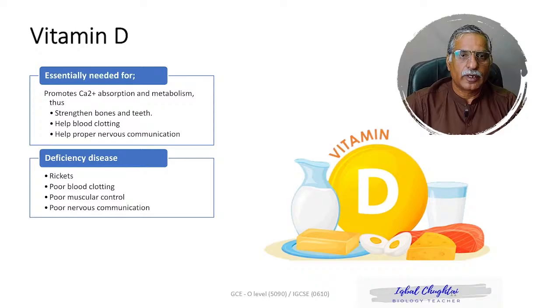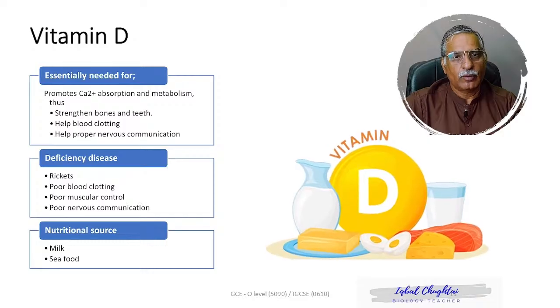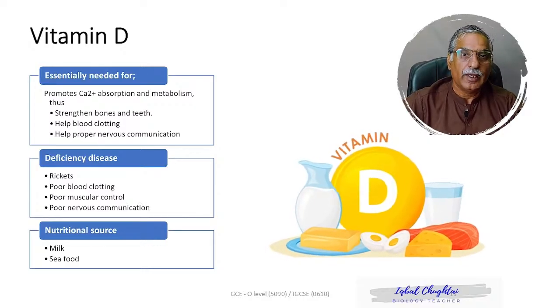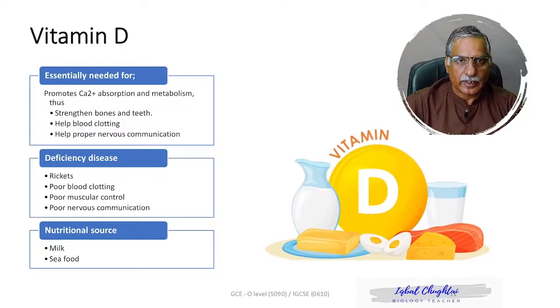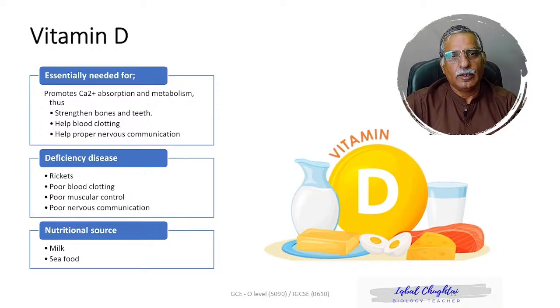So in order to avoid such a situation, we need vitamin D in sufficient quantities in our food, and milk is a rich source of vitamin D. Vitamin D can also be obtained from the food obtained from the oceans, from the seas, like fish, prawns, crabs, etc. They can also provide us with vitamin D. And even our skin cells can produce vitamin D when they are exposed to sunlight.